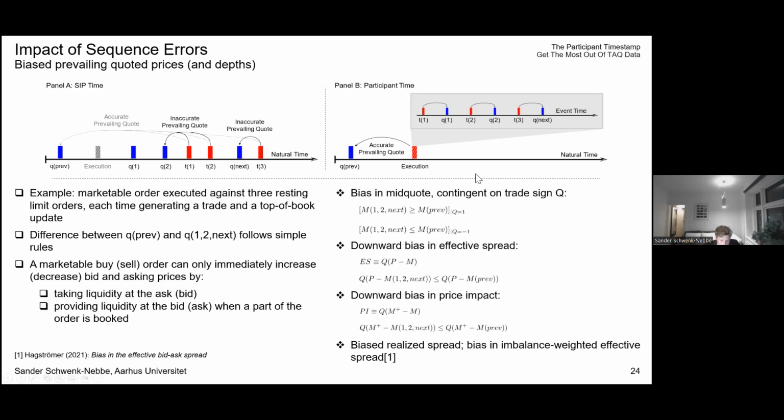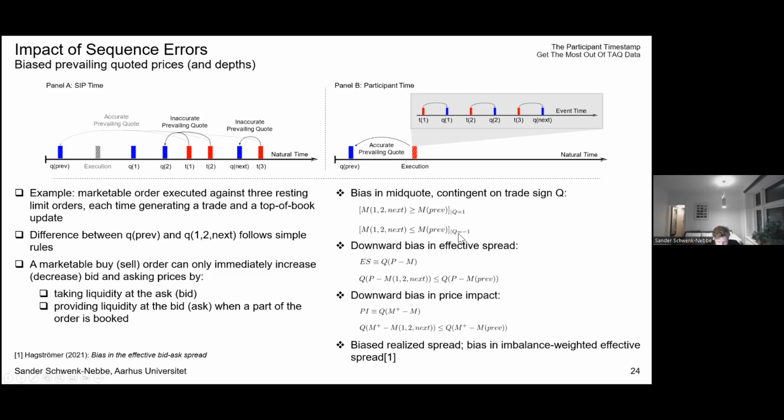So that actually translates into a mid-quote bias, a bias in the mid-quote that is contingent on the trade sign Q. If we have an active or marketable buy, then this mid-quote with sequence errors, so if we confuse any of the 3 quotes here as the actual prevailing quote, will be larger or equal to the correct mid-quote.